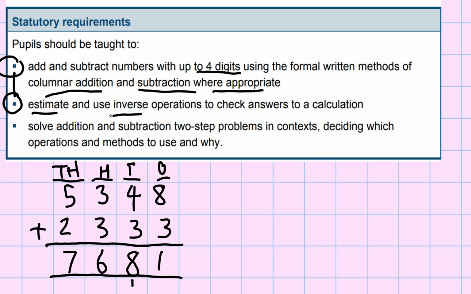So if we link this to the second objective of doing the inverse, we could say 7,681 subtract 2,333.